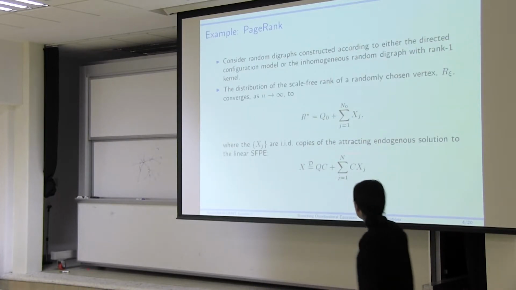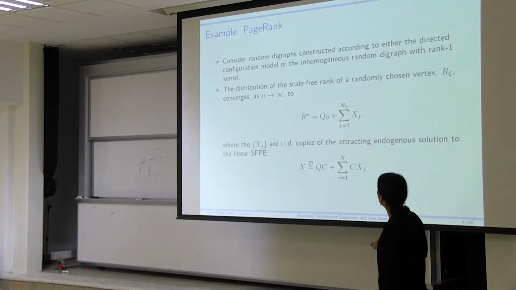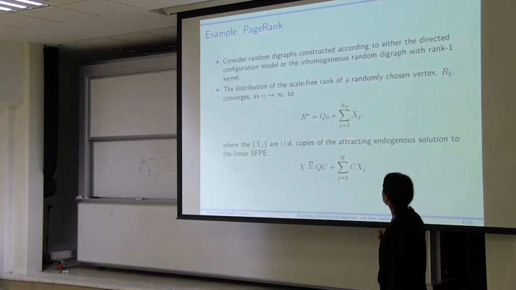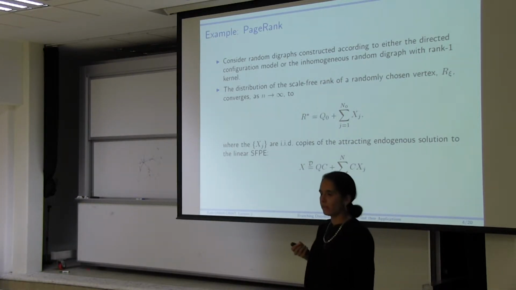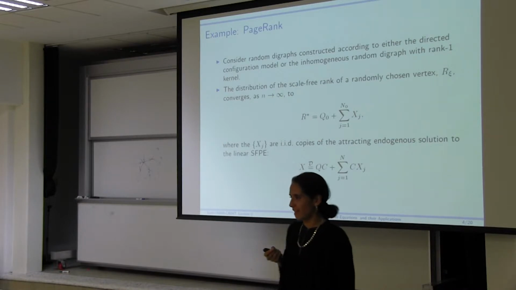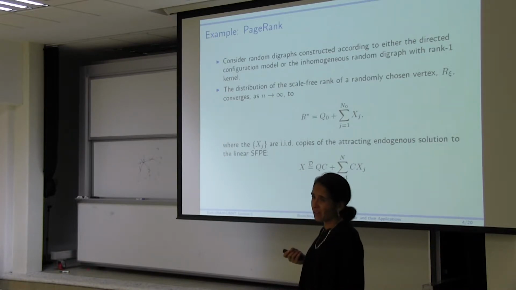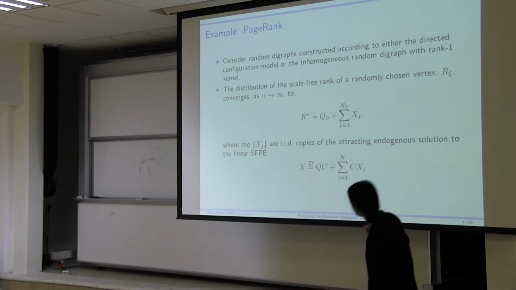As a matter of fact, it does work for a family of random graph models. And what we proved is that the rank of a randomly chosen node, as the number of nodes goes to infinity, and trust me, even a small graph of 1,000 nodes is big enough already to see this happen. The web graph, we're talking about tens of billions, so you can imagine that's pretty much infinity.